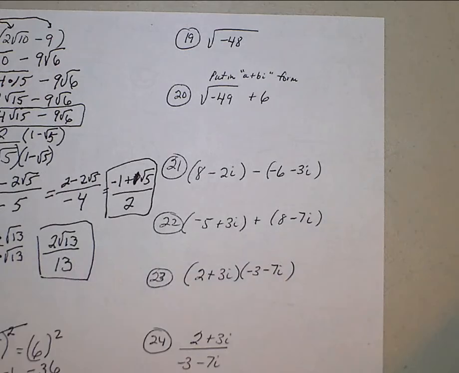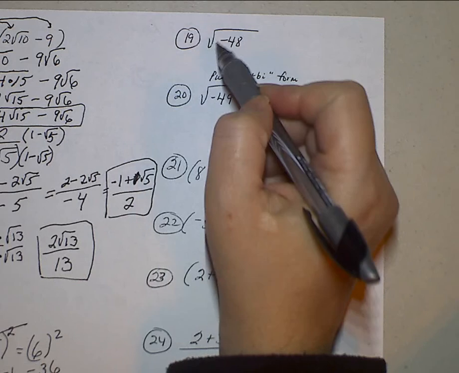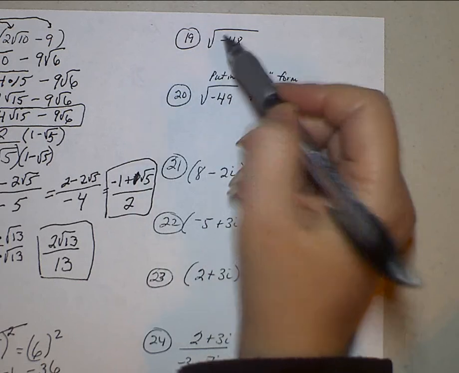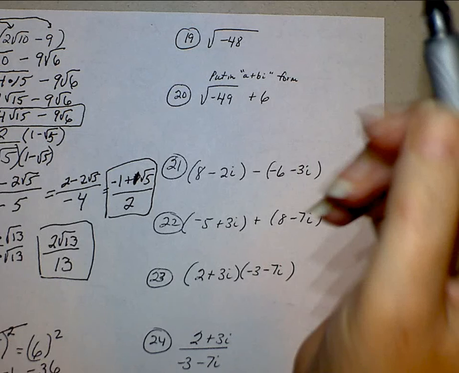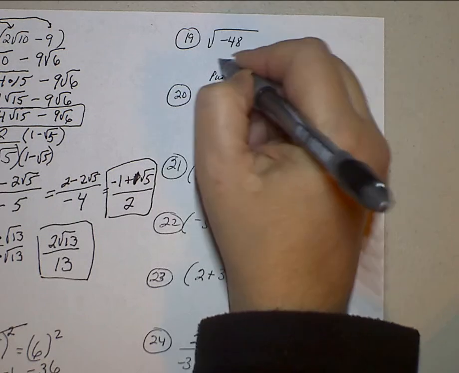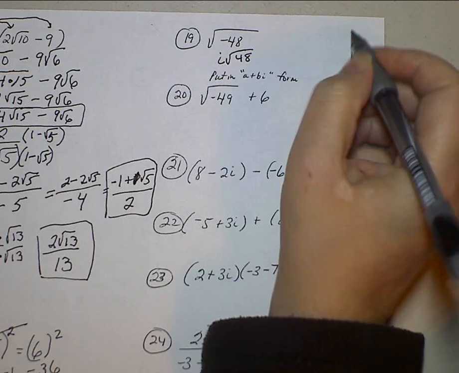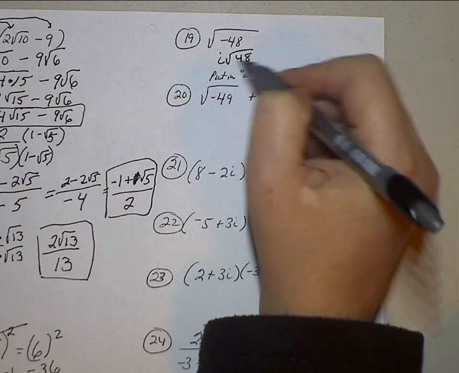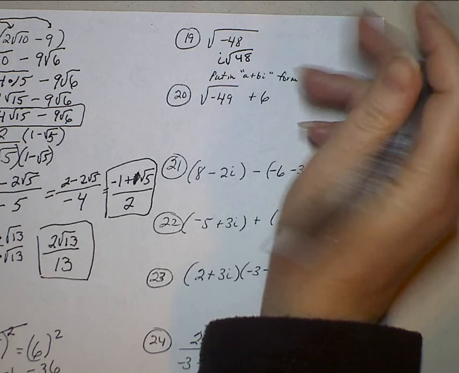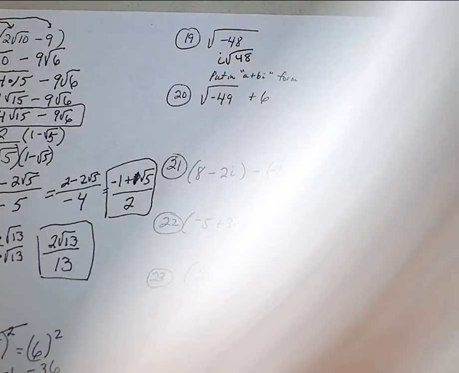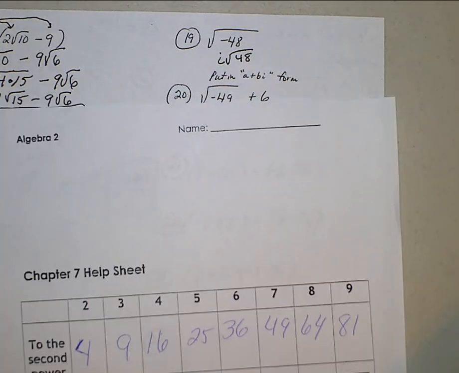Alright, so the square root of a negative number is i. So we have i square roots of 48. Now, 48 can be broken up into what perfect squares? We have 4, 9, 16, 25.